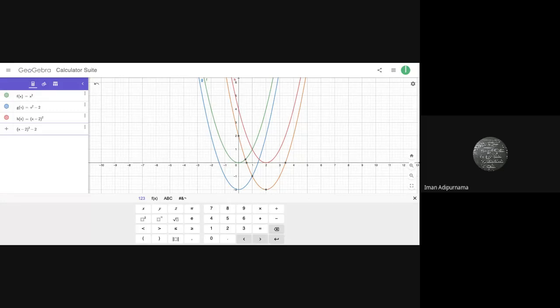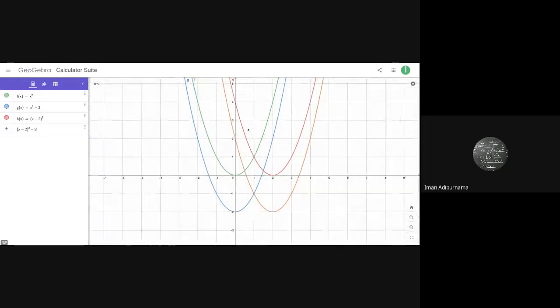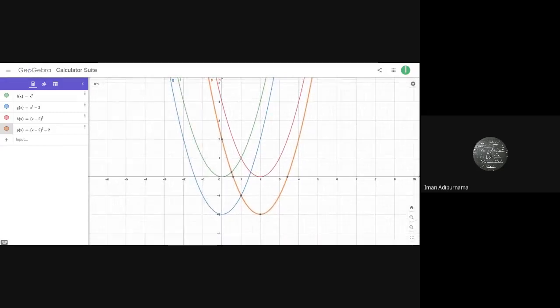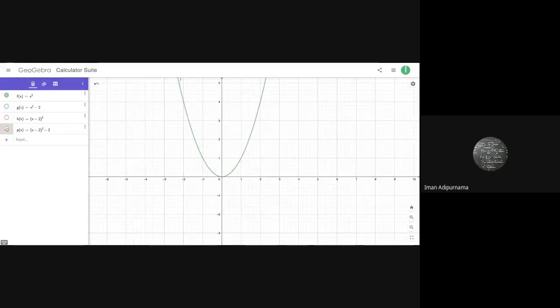I have some functions here. Let's just start with x squared.